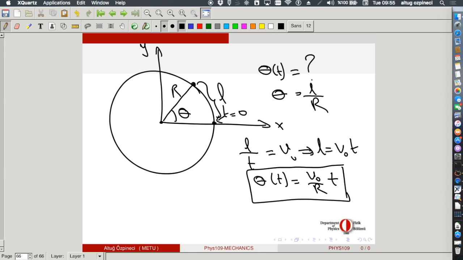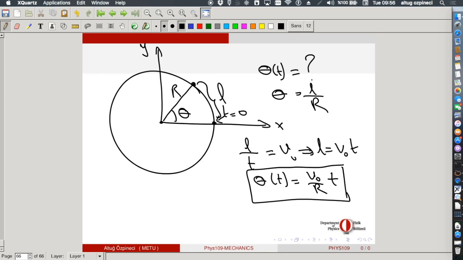So how long does it take for the object to make one full rotation? How long? So when it makes, yes, 2 pi R divided by V0, do you agree, disagree?